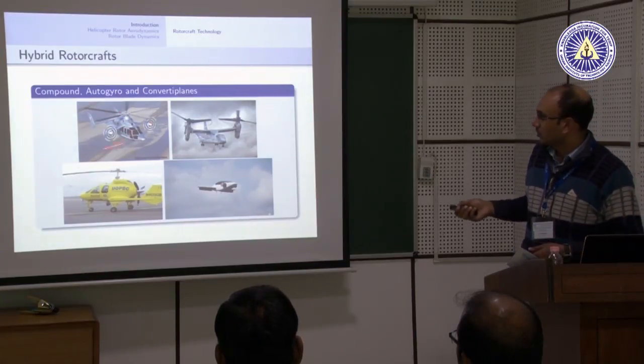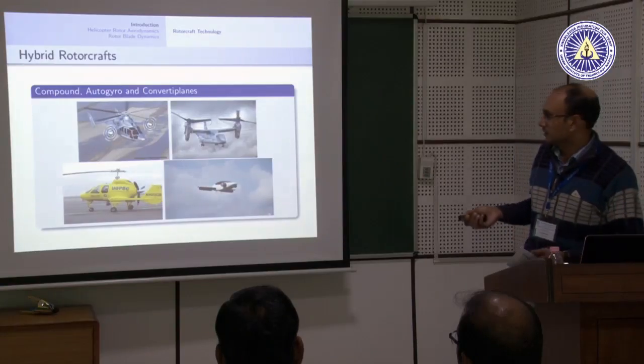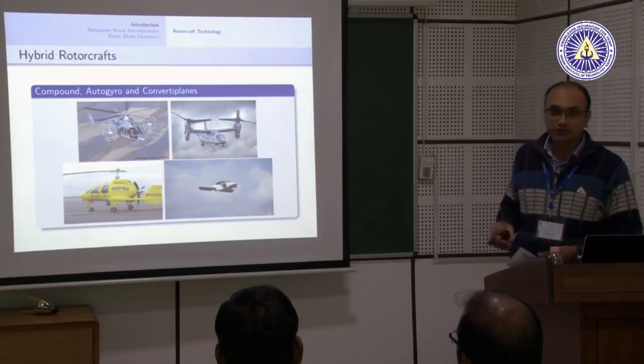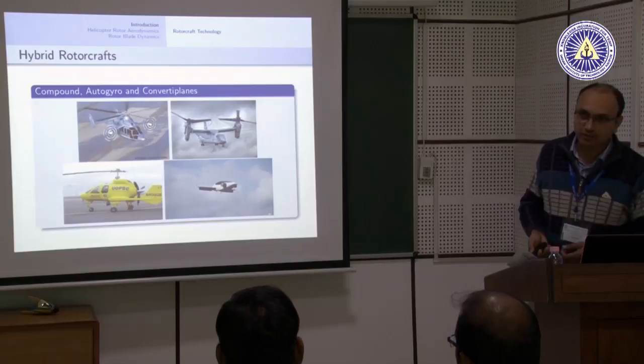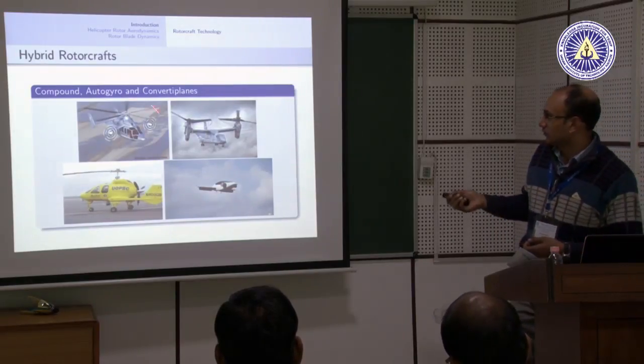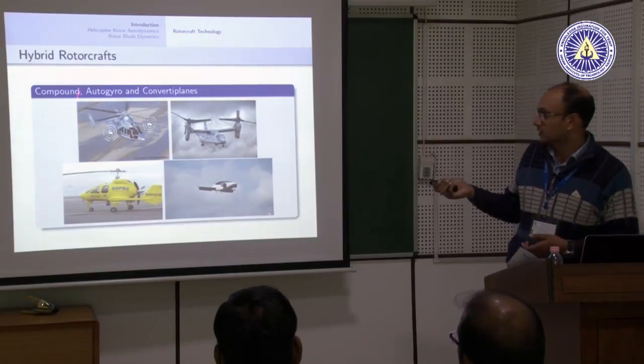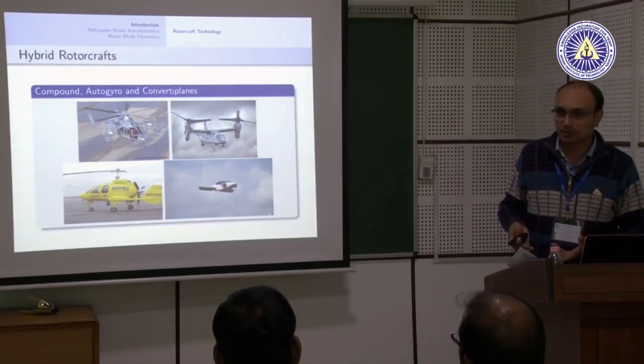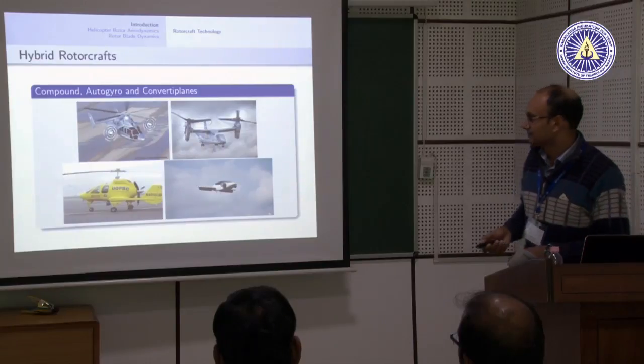The idea is to make helicopters fly faster, and arguably these are already envisioned as the future of combat helicopters. So helicopters used by the army would all be replaced by these kind of compound helicopters, because these are capable of flying at double the speed of existing helicopters because of some technological changes.